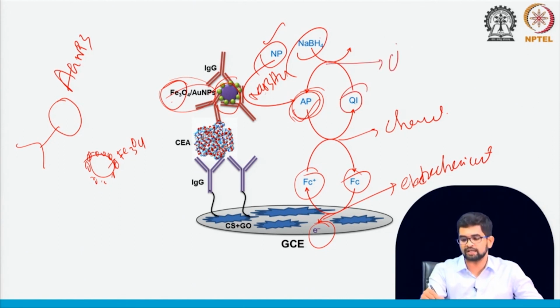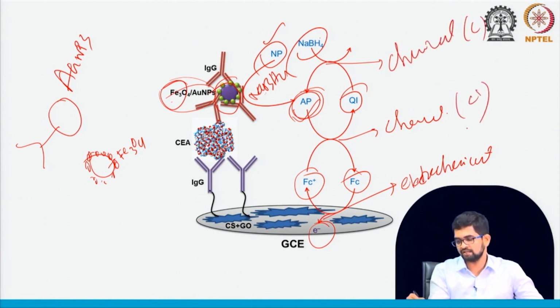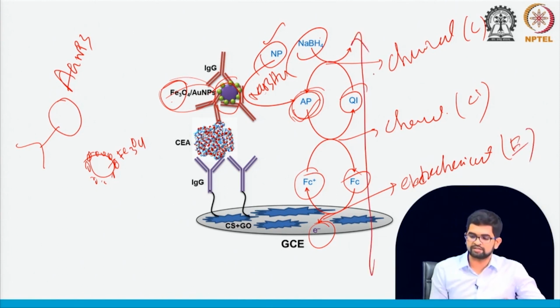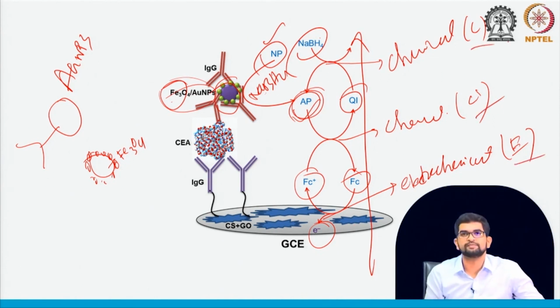So, this part again chemical. So, chemical C and electrochemical E. So, just put the nomenclature from surface to bulk reactions like ECC, clear. Like this, you can put the nomenclature of this redox cycling.